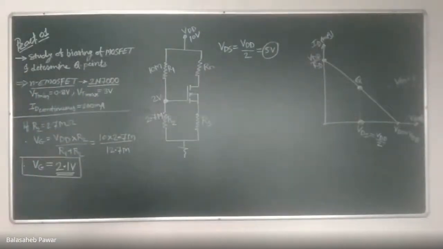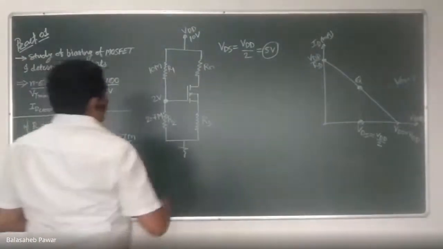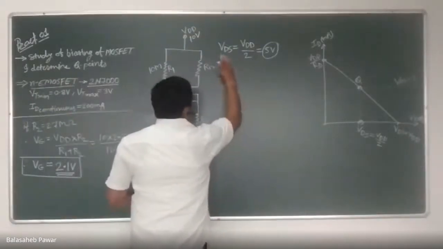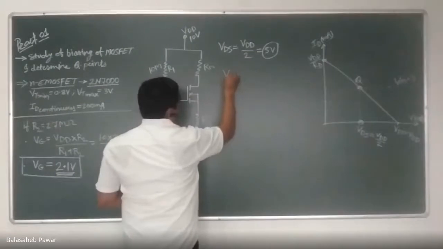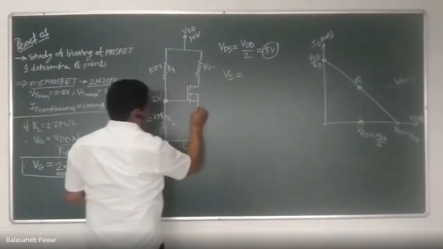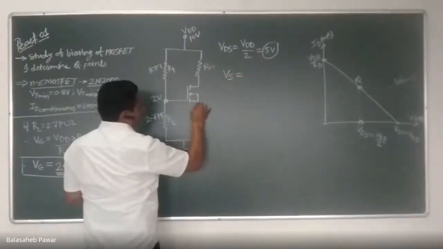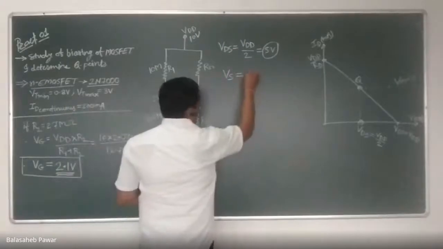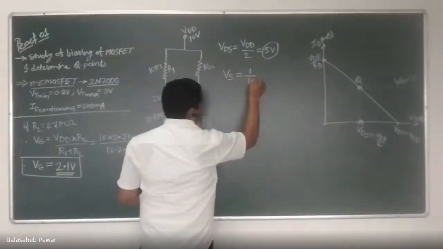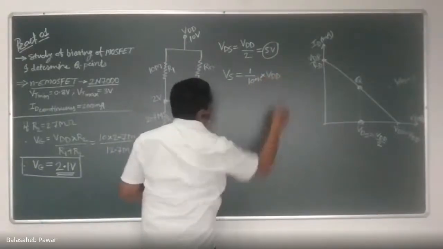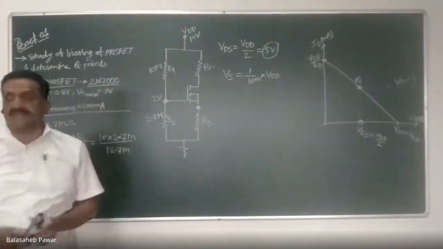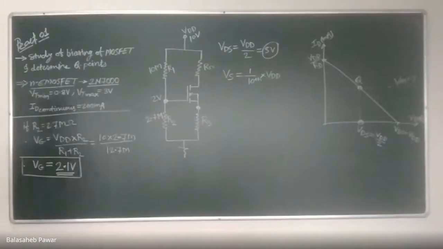Next, as per the standard rule, Vs, that is the voltage at the source terminal, should be equal to 1/10 of VDD. Accordingly, we have to select the value of that resistor Rs.